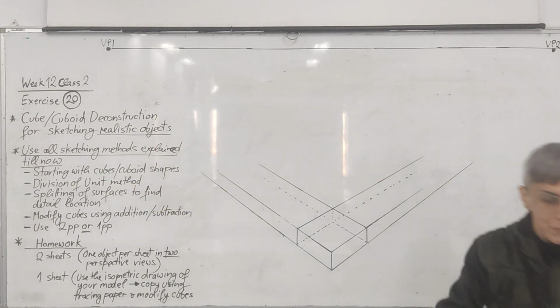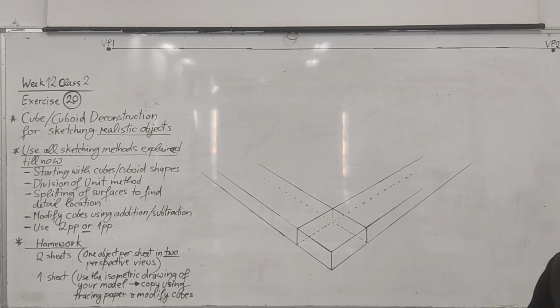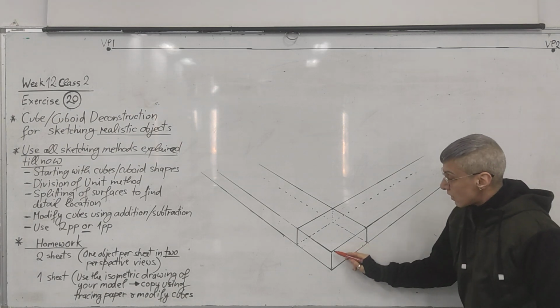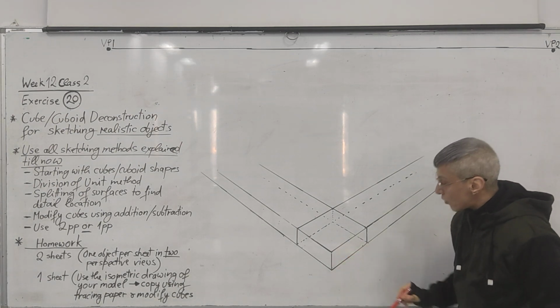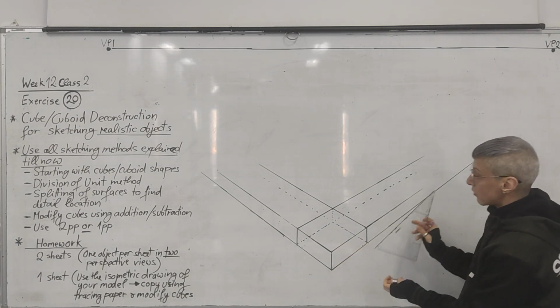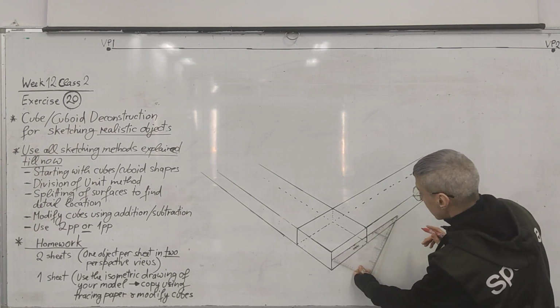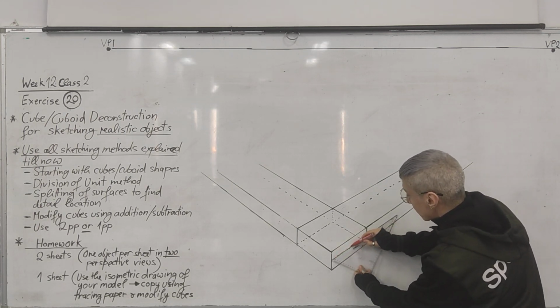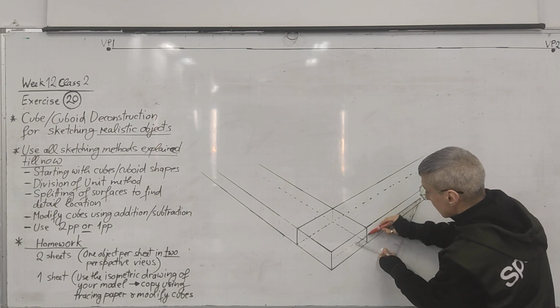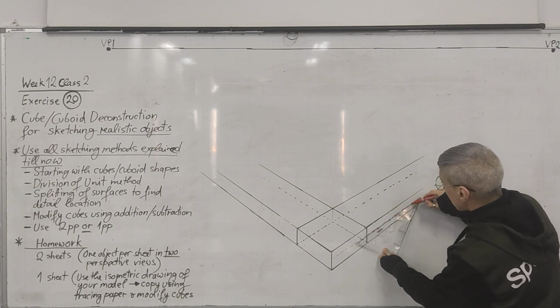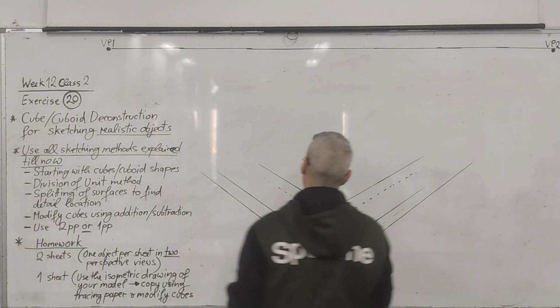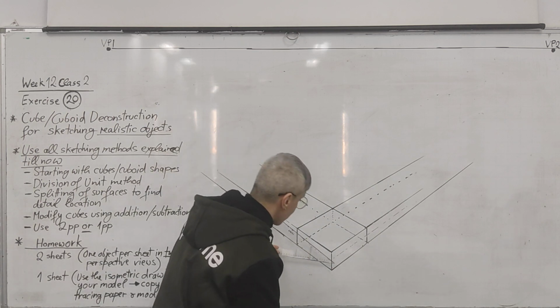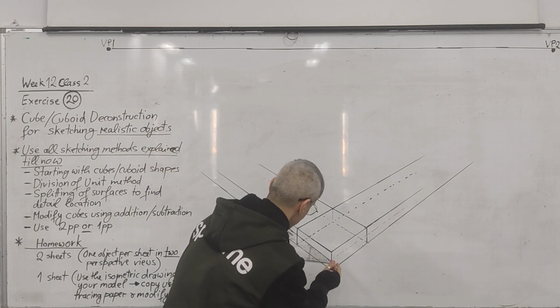How did we do that in the past? Okay. So here is our first edge, the half point, and we will take it to the vanishing point. And from here, because I will divide here, I will also do the same. So here's the starting point.